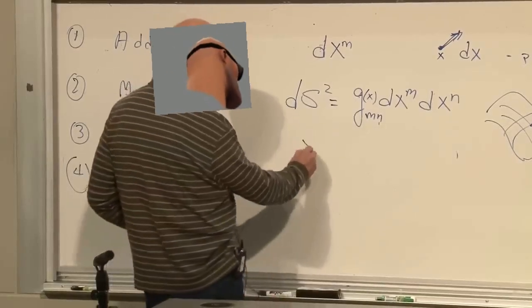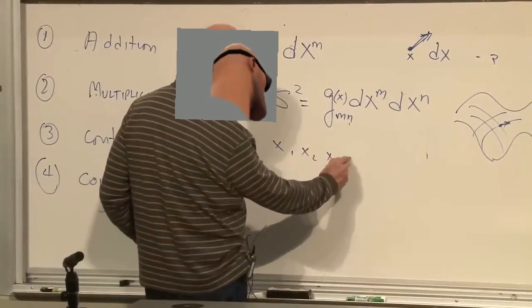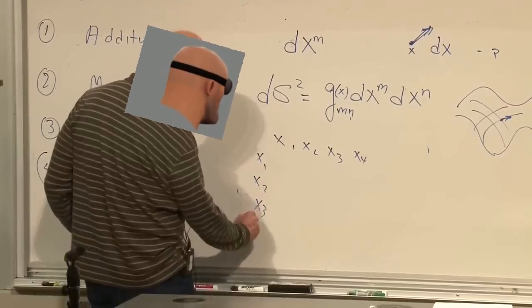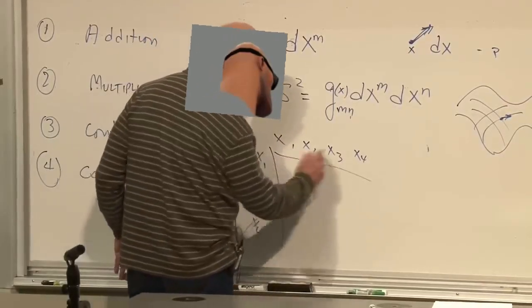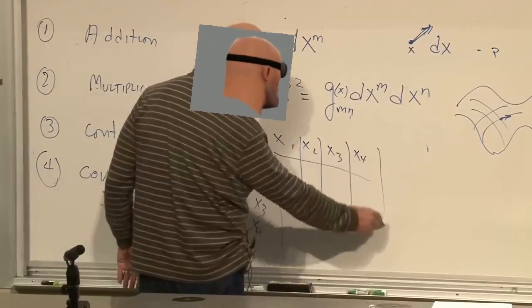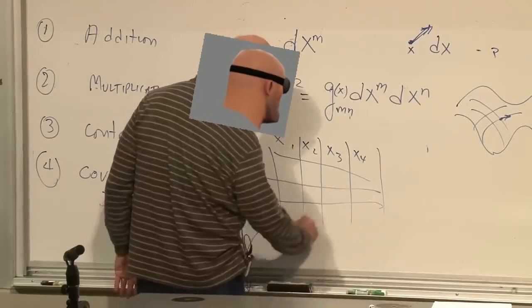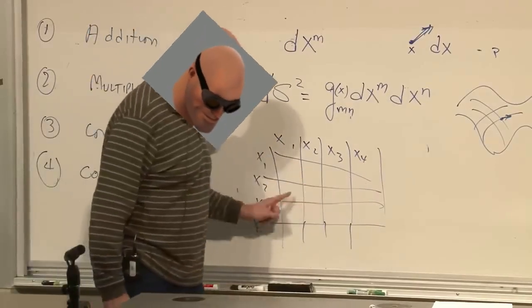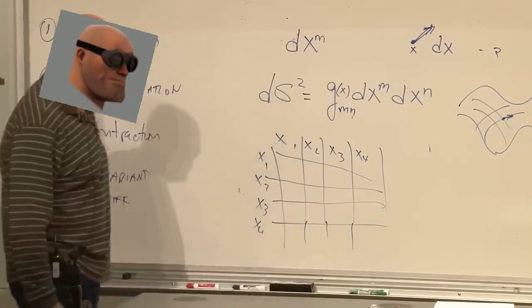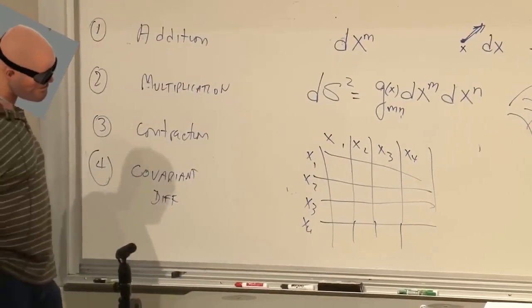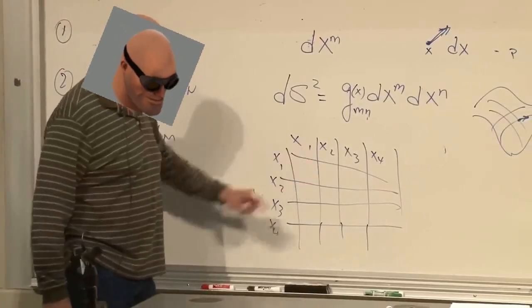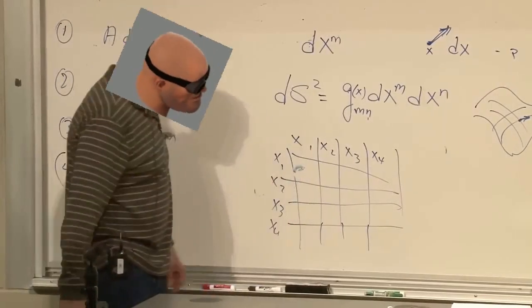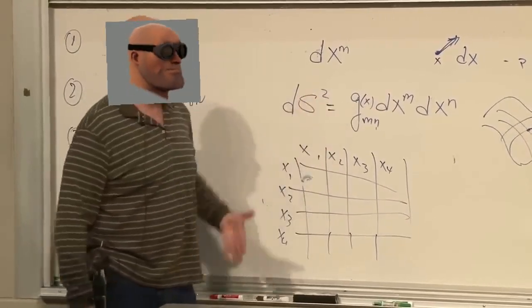Well, here's what you count. x1, x2, x3, x4, x1, x2, x3, x4. Make a sort of matrix. Sixteen entries: 1, 2, 3, 4, 5, 6, 7, 8, 9, 10, 11, 12, 13, 14, 15, 16. Here's the 1,1 element, 1,2 element, and so forth. You might as well take the 1,2 element and the 2,1 element to be the same.